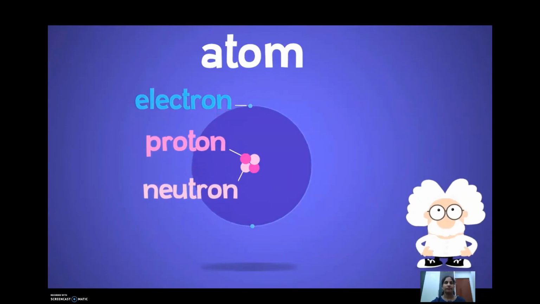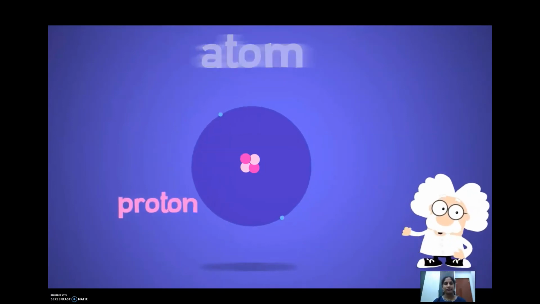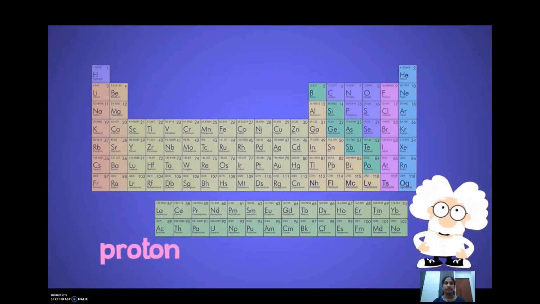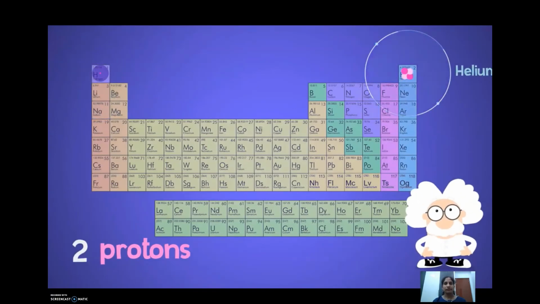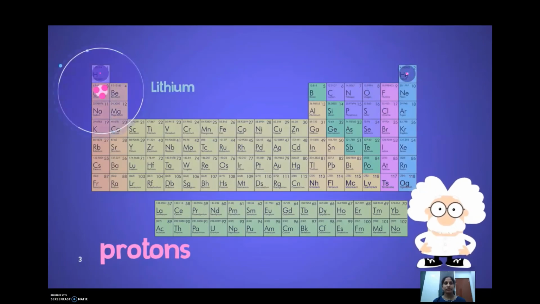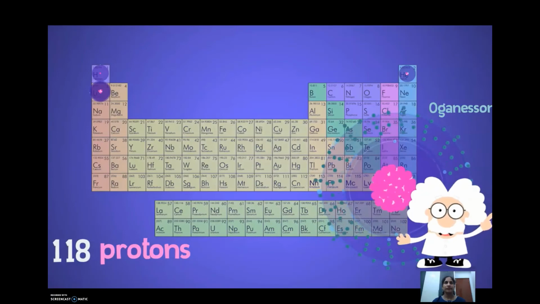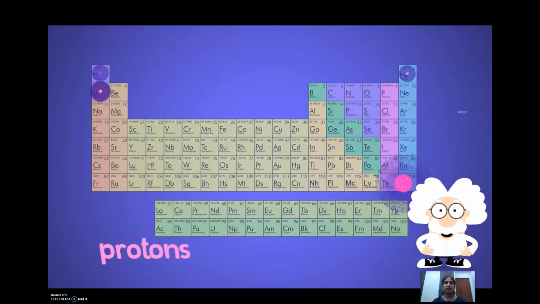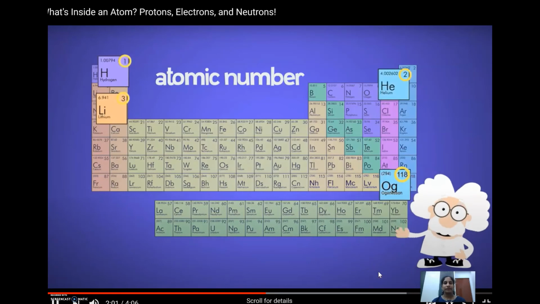And each of these tiny particles does something special. For example, it's the number of protons inside an atom that makes each element different. If we look at the periodic table, the first element, hydrogen, has 1 proton. The second element, helium, has 2 protons. And the third element, lithium, has 3 protons. This goes on all the way up to the 118th element, oganesson, which has, that's right, 118 protons in its nucleus. By the way, the number of protons in an atom is also called its atomic number, which you can see here on the periodic table of elements.